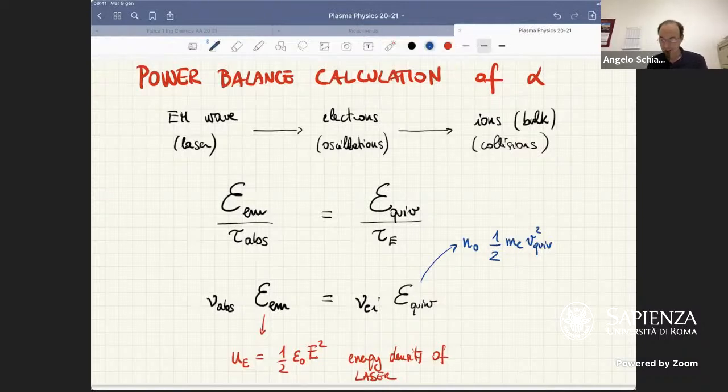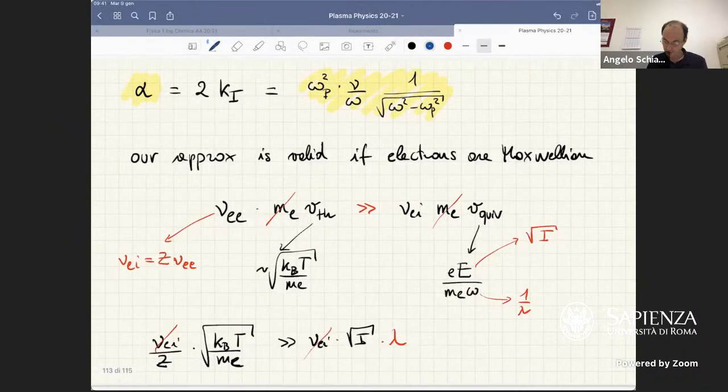Then we can plug in the value of the quivering velocity, and we obtain the following relation: 1/2 N0, and then the quivering velocity. We wrote it somewhere, okay, it's here. It's e times the electric field divided by the mass times omega of the laser.